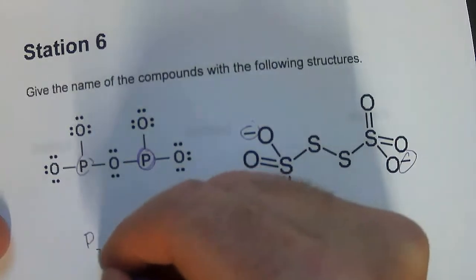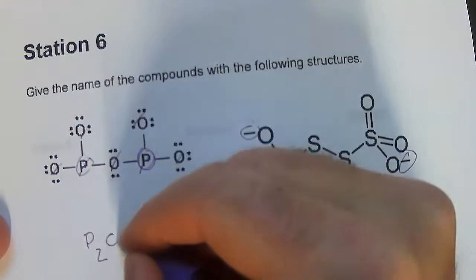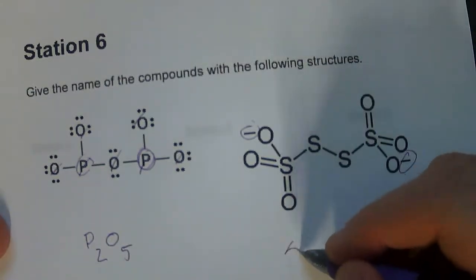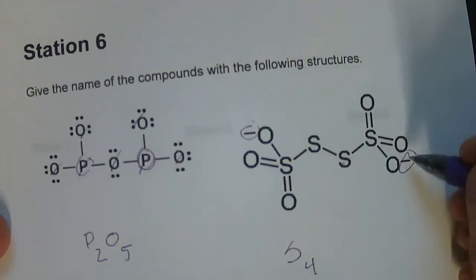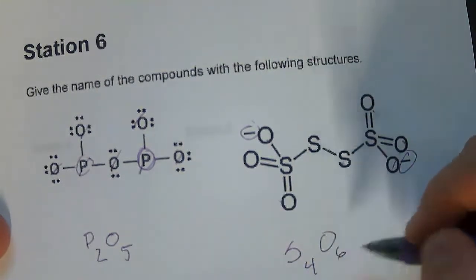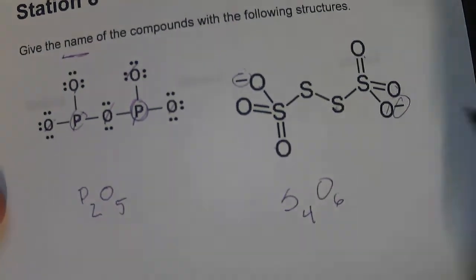So we're going to do P2, and then O, 1, 2, 3, 4, 5, O5. And then this one is going to be S4, then O, 1, 2, 3, 4, 5, 6. O6, and it's asking for the names. So now that we have the formulas, now we can give the names.